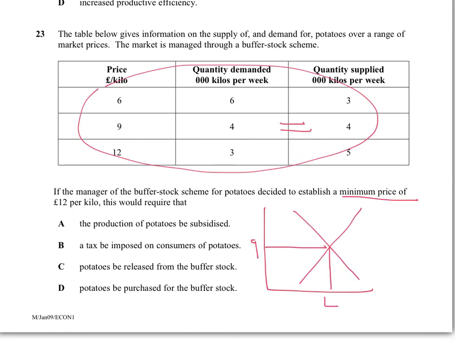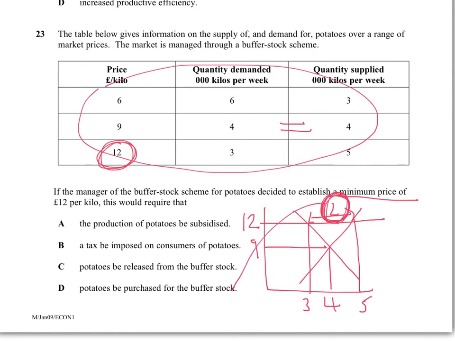Price is 9, 4 is bought. The question wants you to have a minimum price of 12. So look at 12. Here's 12. What's happening at 12? Demand must be 3. Supply must be 5. So we've got a gap. How much is the gap? 3 to 5 is 2. That needs to be bought up. Who's going to buy it? The buffer stock. So the answer is D.